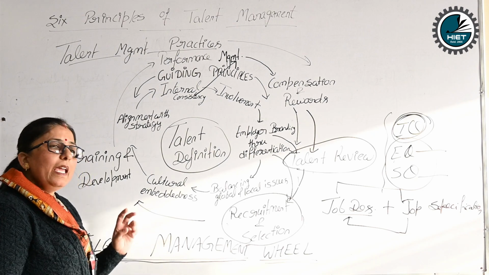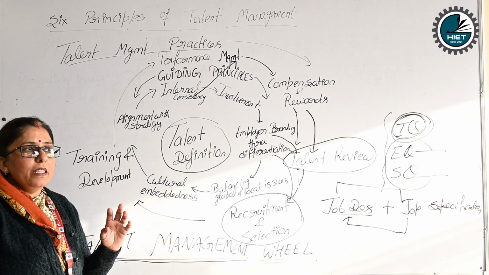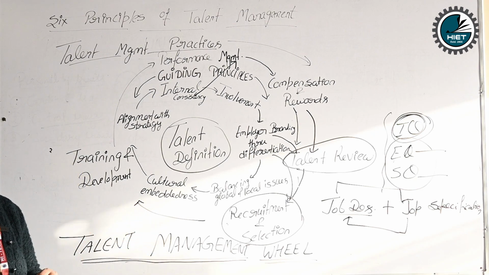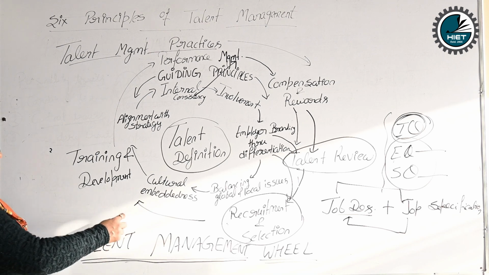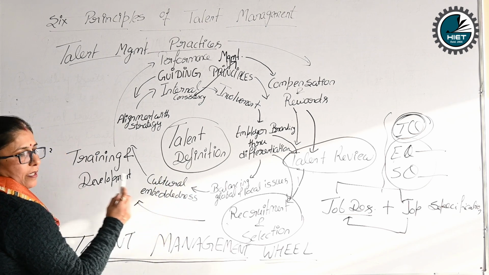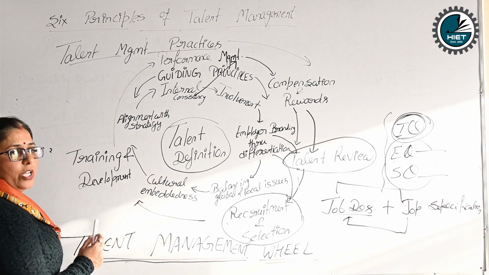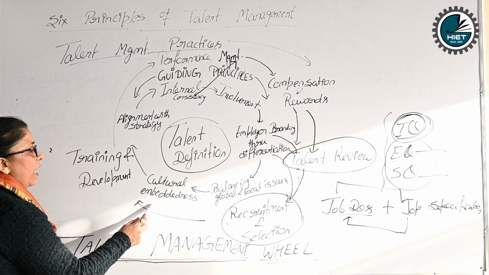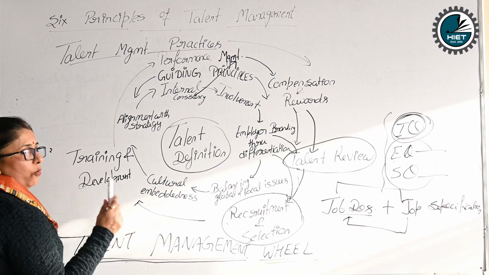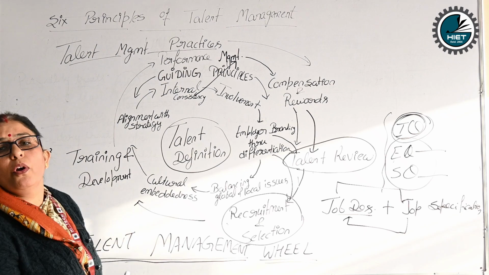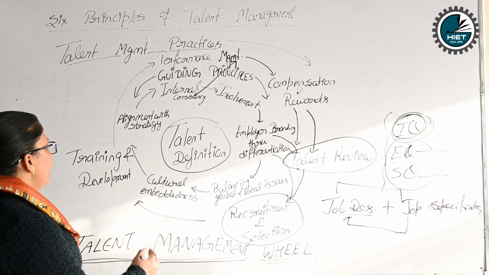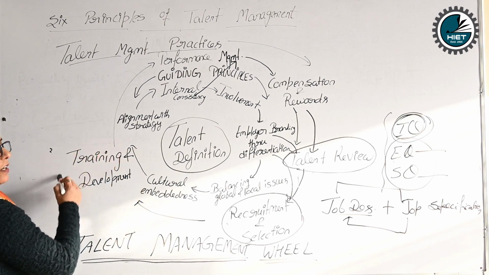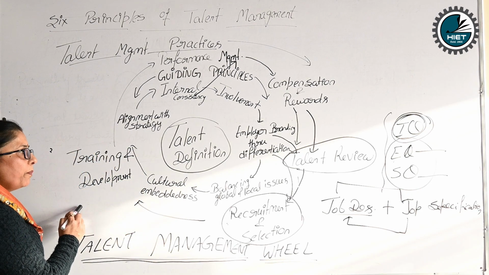That means those who are talented are not getting mixed with the culture of the organization. So for that cultural embeddedness, what the organization needs to do is introduce some induction or orientation programs for the employees, and that concerns the training and development of the employee.